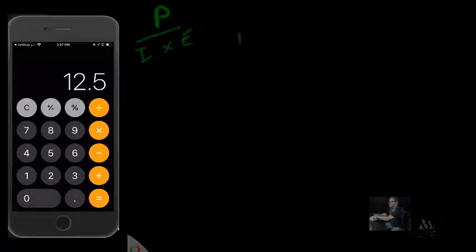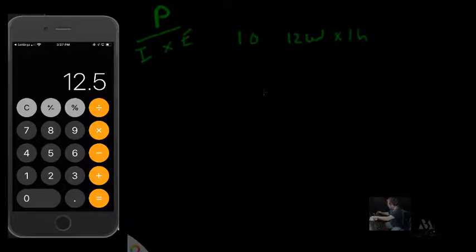Let's say we have 10 12-watt light bulbs. And they're each going to be on for 1 hour. So what we want to figure out is how many watts per hour we have.